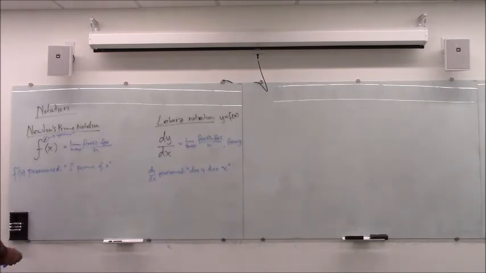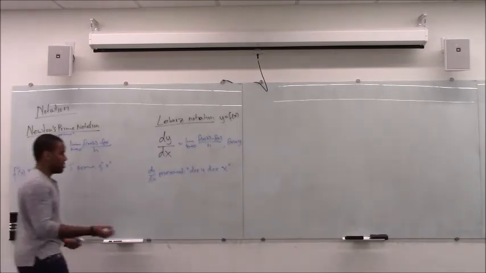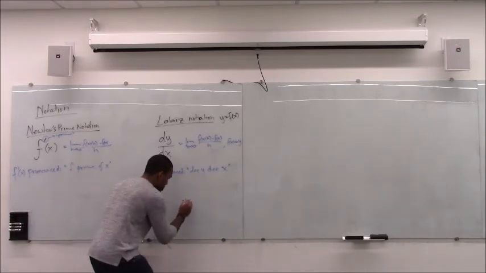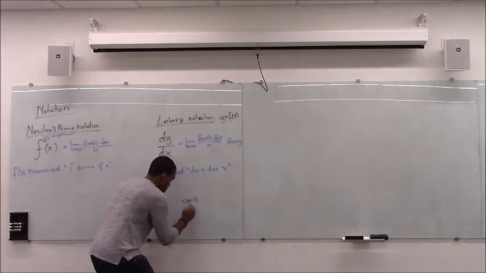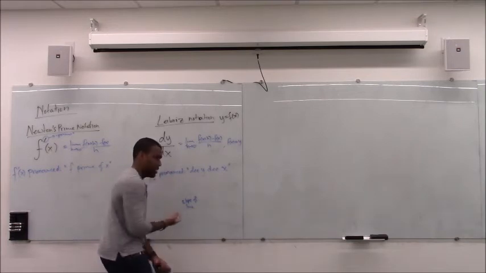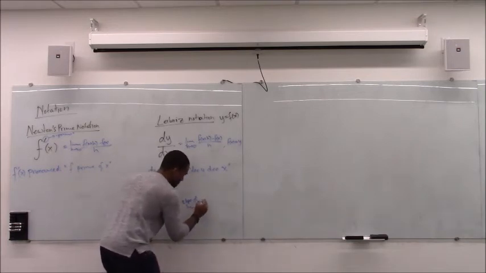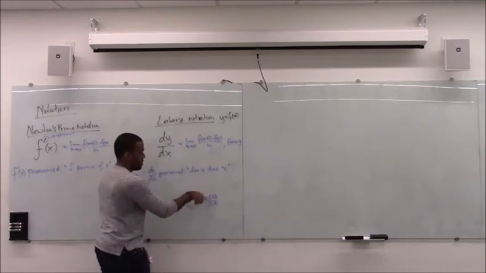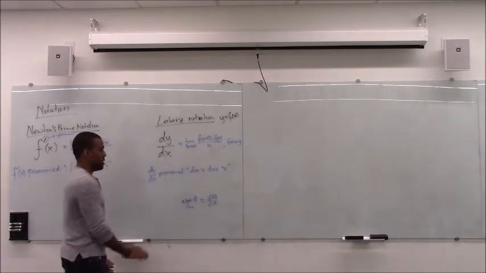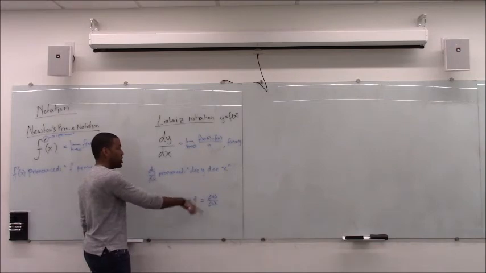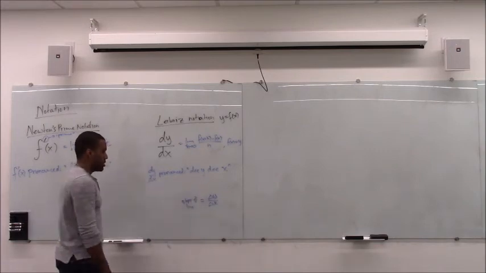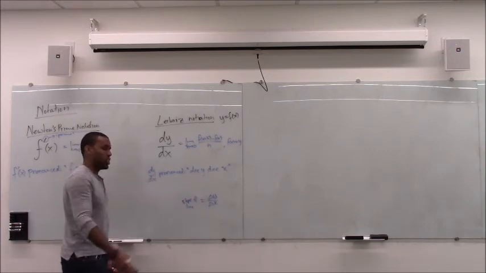That one kind of came from the slope of a line. I don't know why Newton decided on that notation, actually. But the slope of a line we know is delta y over delta x, where that's the Greek letter delta, and we usually use it to represent change in y over change in x. That's analogous to the English letter d.